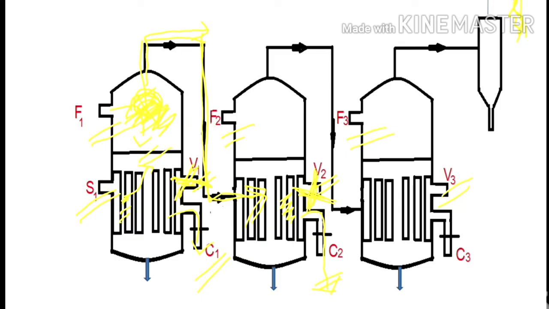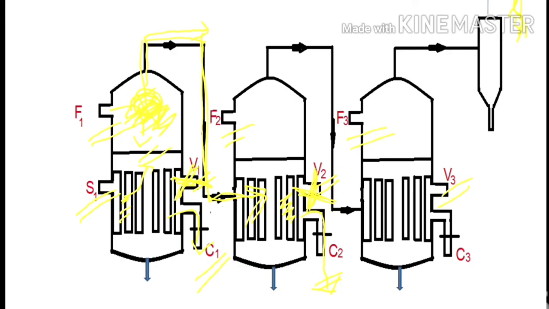Similar changes take place in the second evaporator, and the liquid attains its boiling point in the second evaporator. Similarly, the process is repeated in the third evaporator. Finally, the three evaporators come to a steady state with the liquid boiling in all three evaporators.